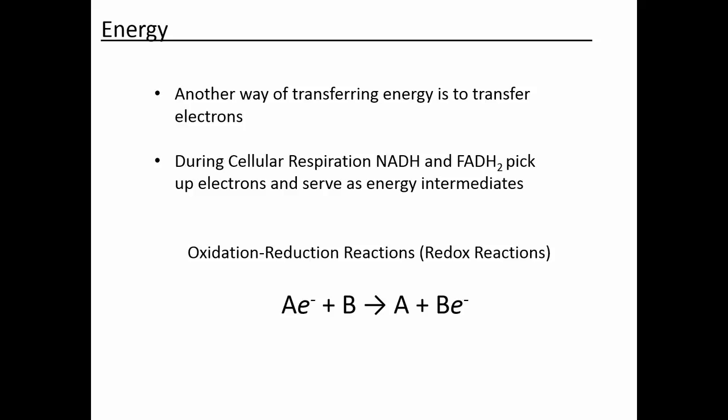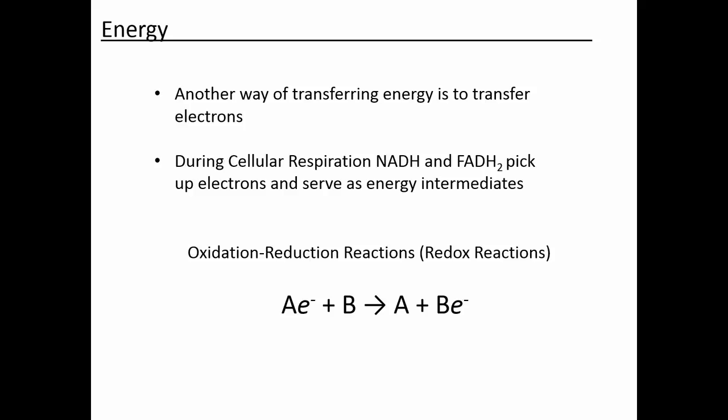What we're going to see is that during both cellular respiration and photosynthesis you have these things called electron transport chains, in which electrons are being passed or transferred from one component to the next, so you have a series of oxidation reduction reactions going on.